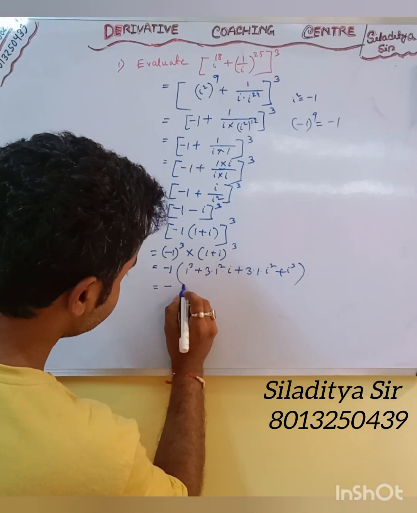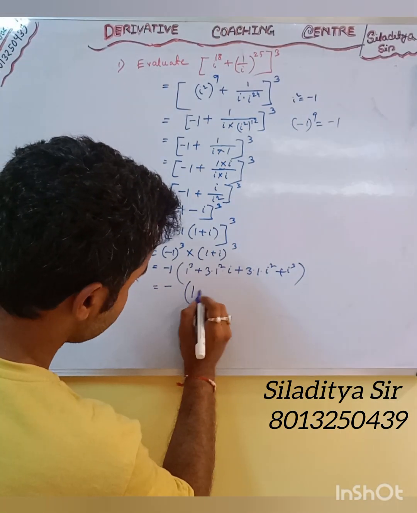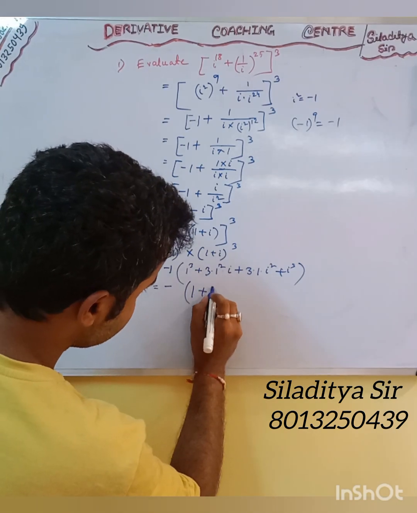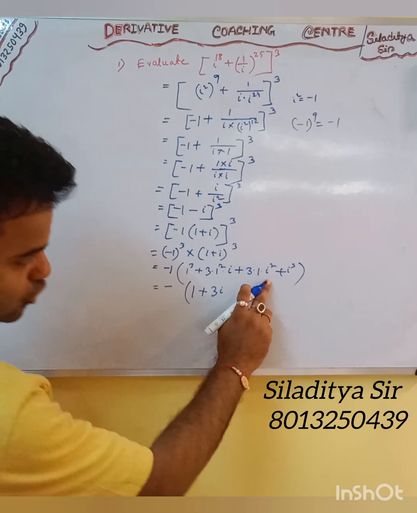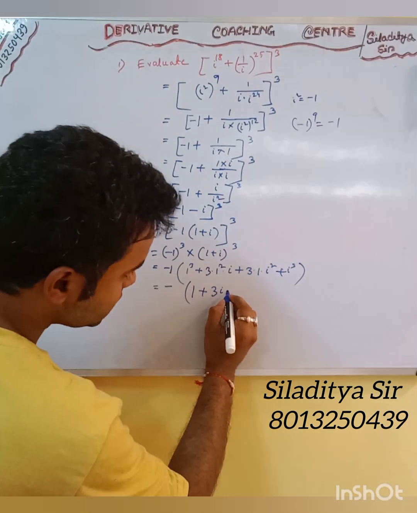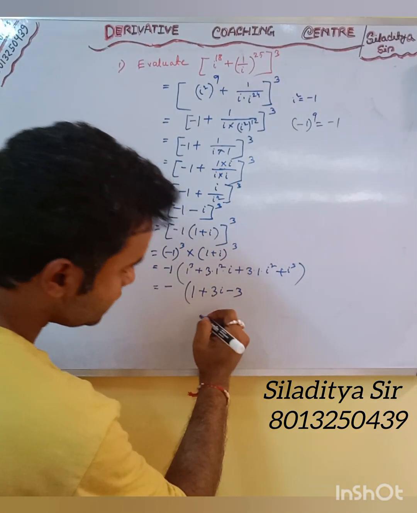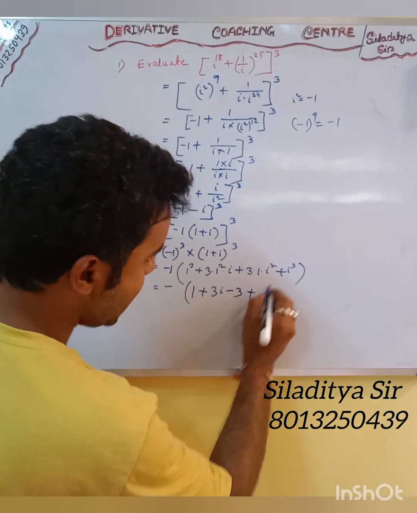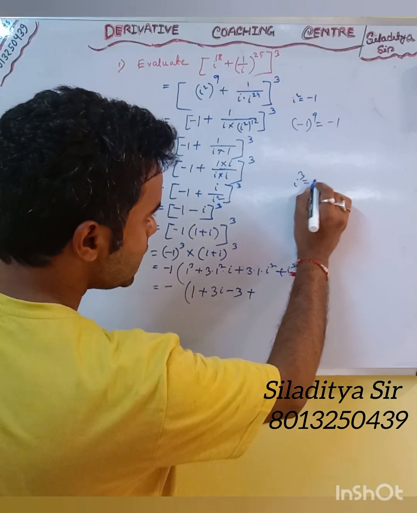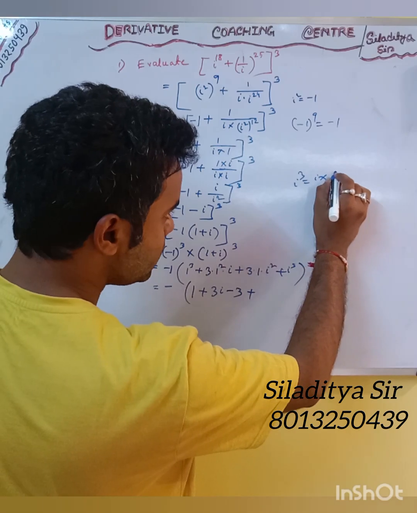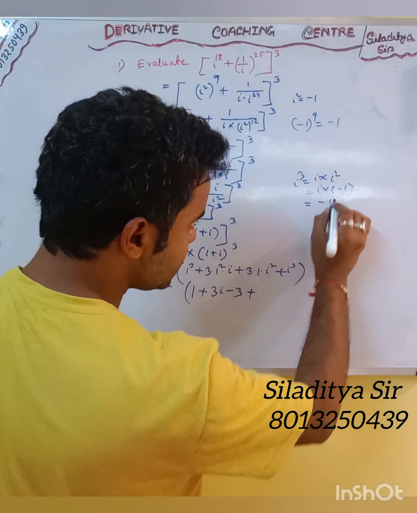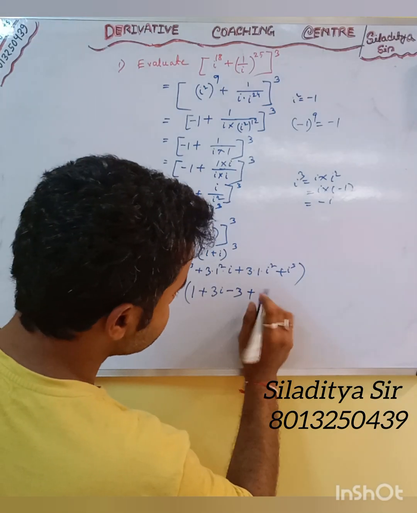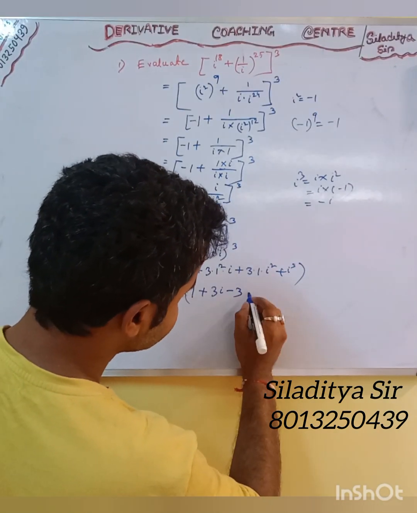So 1 cube means 1 plus 3i, and i square means minus 1 into 3, that is minus 3, plus i cube means i into i square, that is minus i.